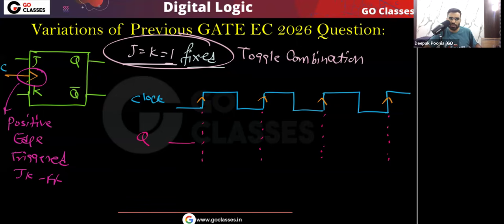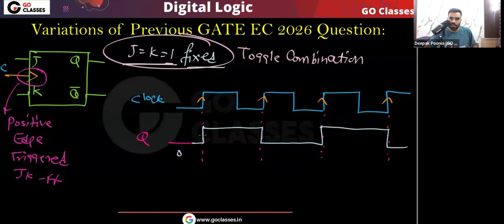So at every rising edge the state is going to toggle.